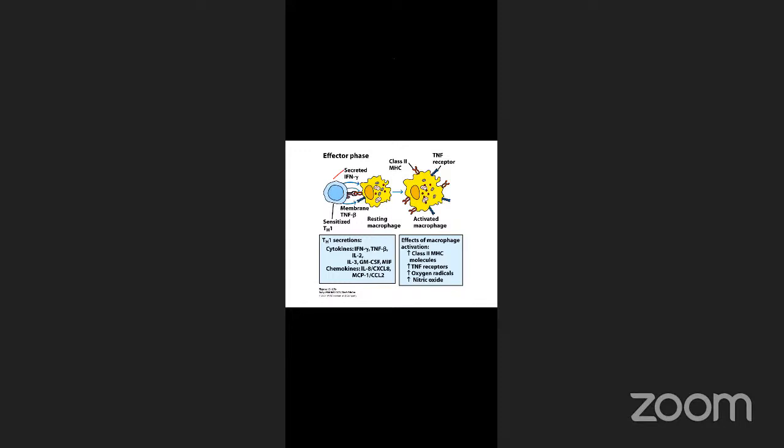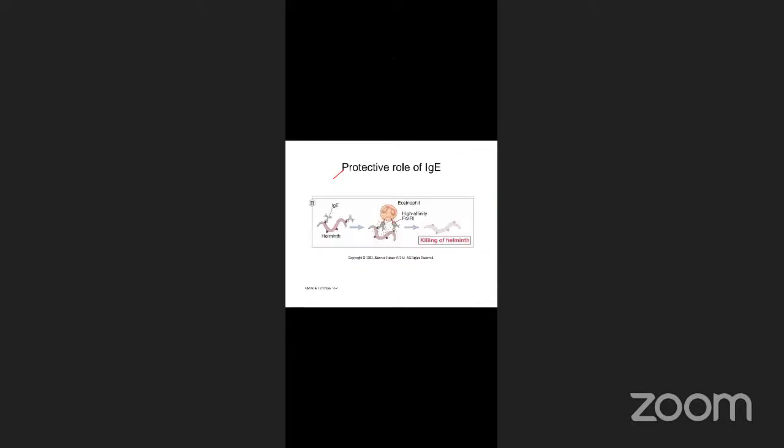Granules will be degranulated after getting information from the calcium. Then only the degranulation process will take place. Okay, sir. Thank you. That is the mechanism. You can cross check with the cell signaling mechanism.